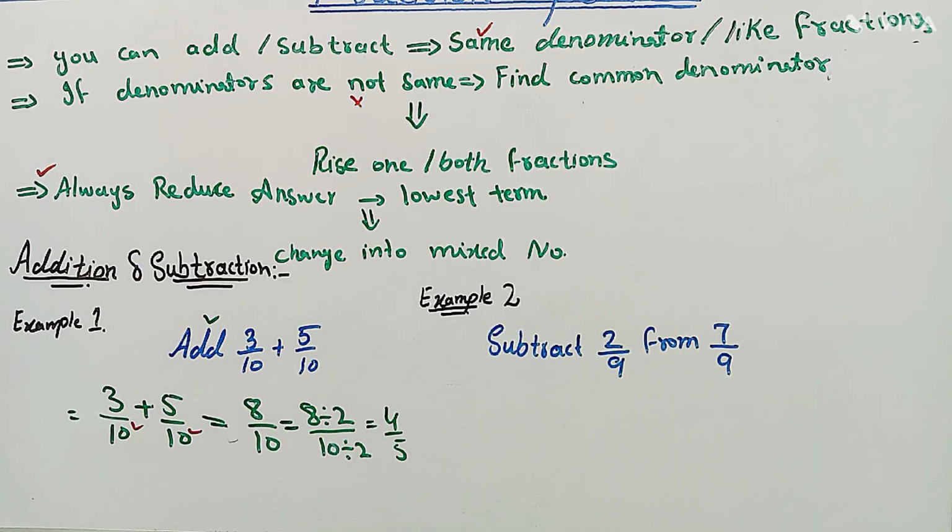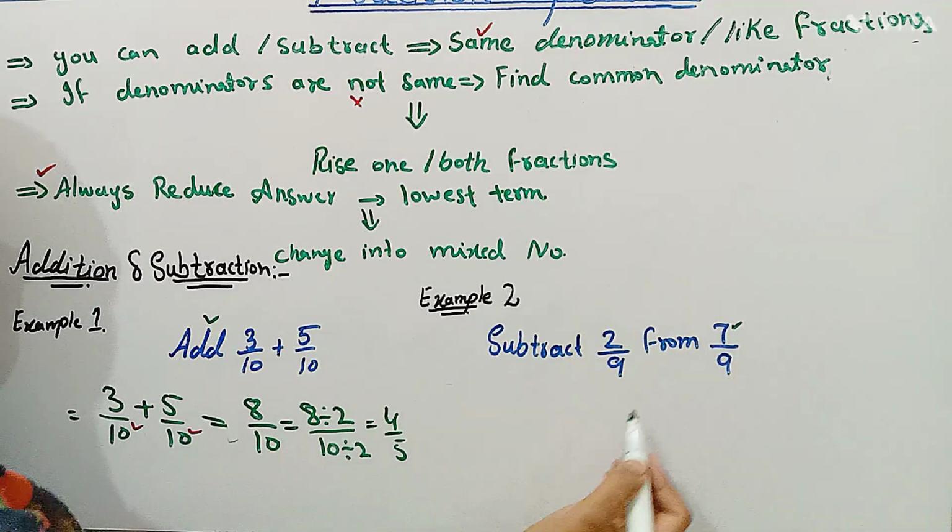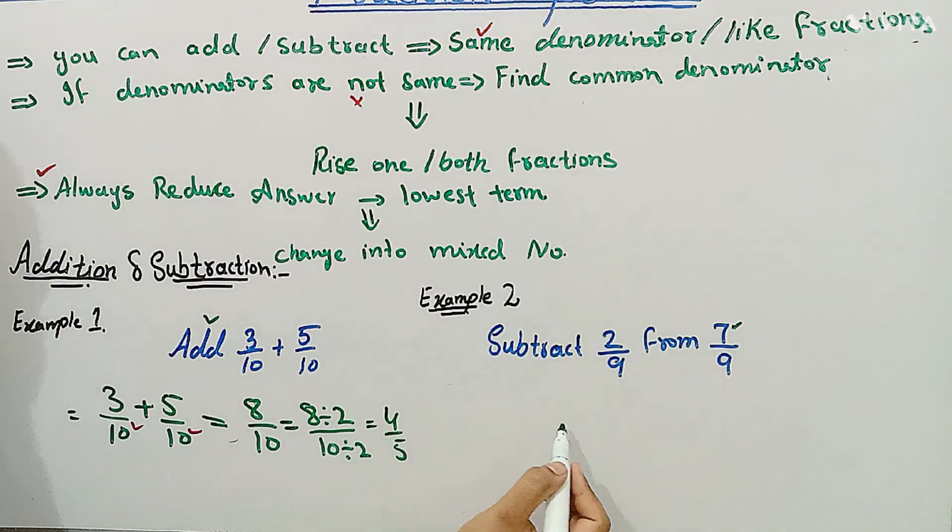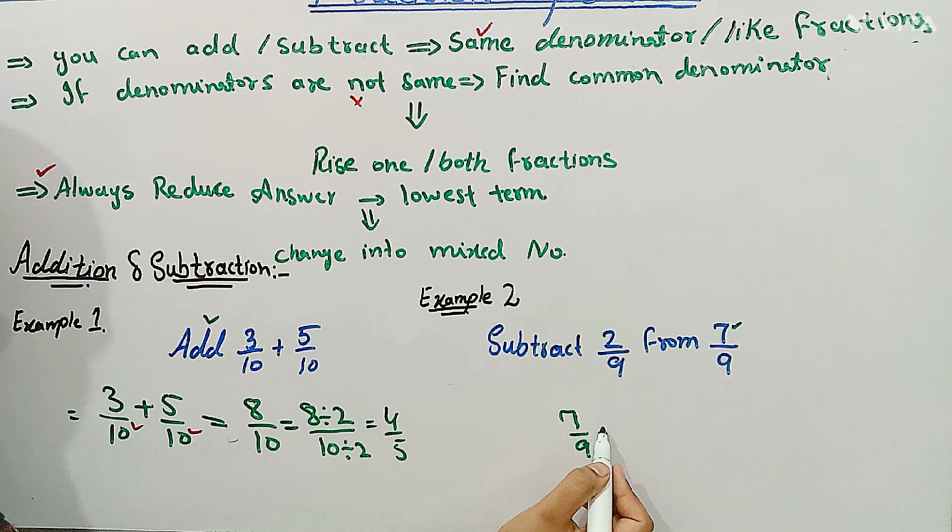Next, example number 2. Subtract 2 by 9 from 7 over 9. 7 over 9 is the higher value, minus 2 over 9.